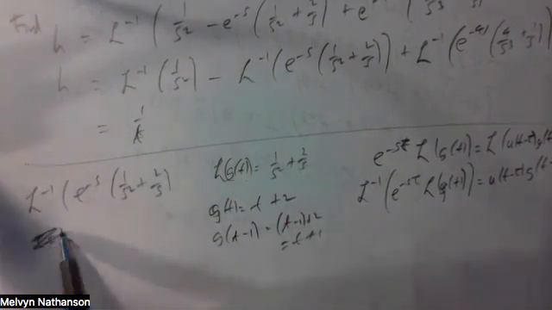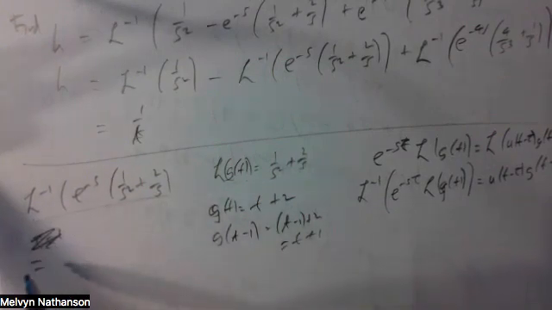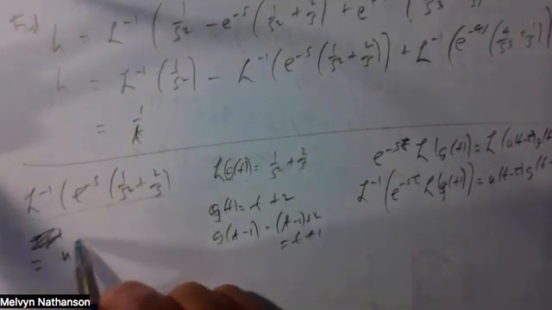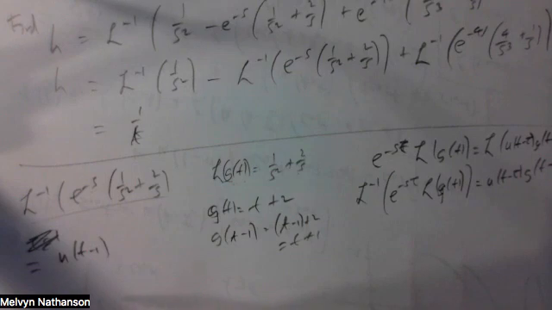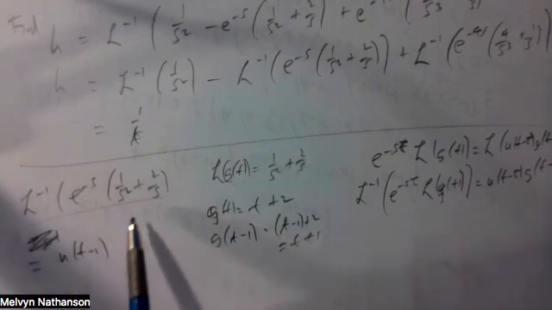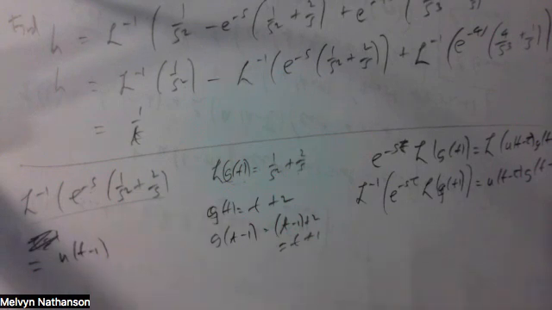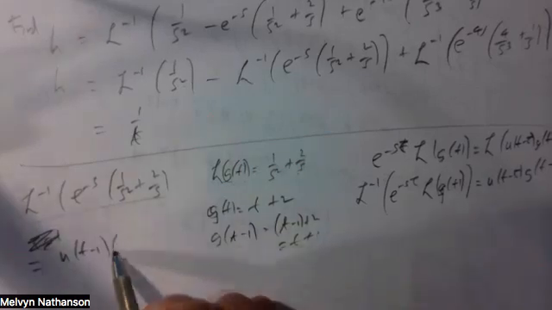So the inverse Laplace transform of this function is going to be u of t minus 1 times t plus 1. Is that right? Yeah, t plus 1.